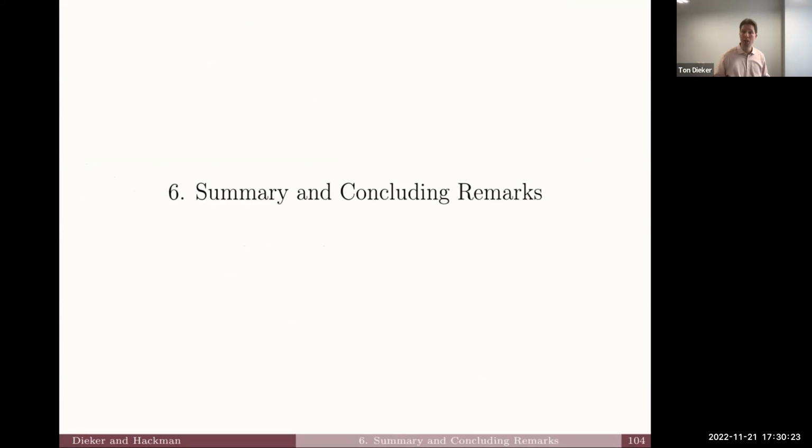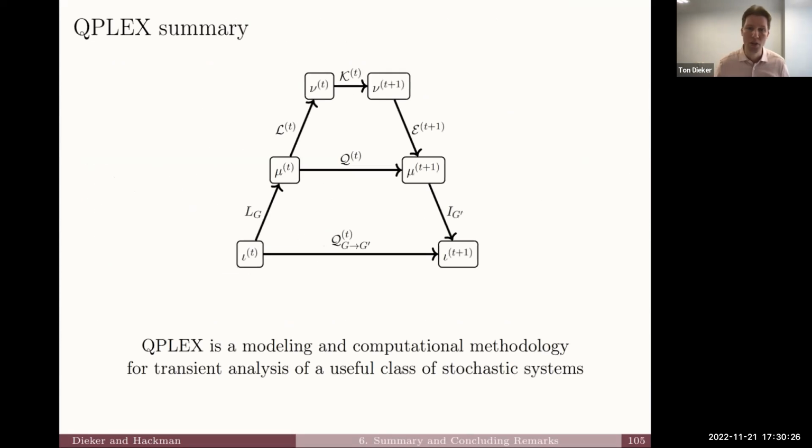Now for some summary and concluding remarks. In this picture on the top, we talked about specifying a model through these 5 primitives. Then we had this middle layer, where we worked with compressed PMFs on much lower dimensional spaces.